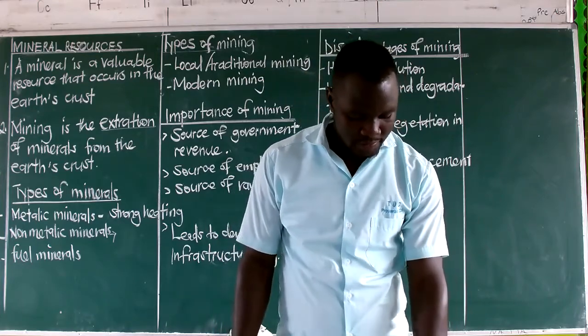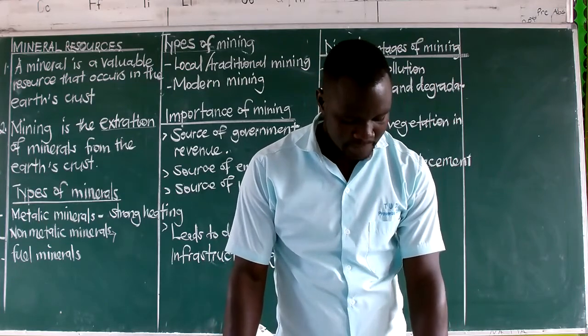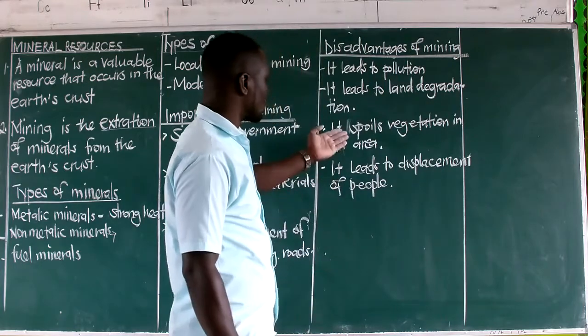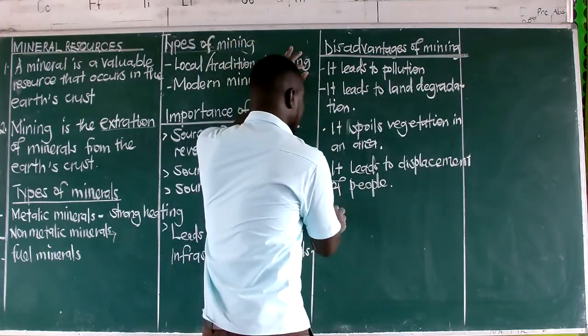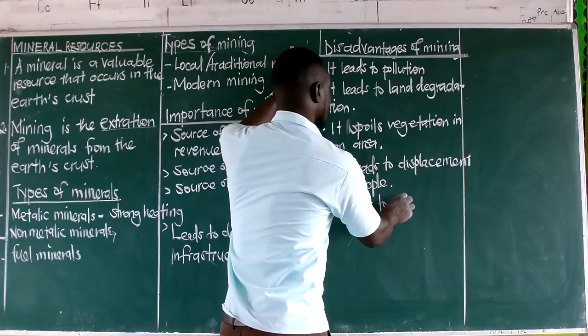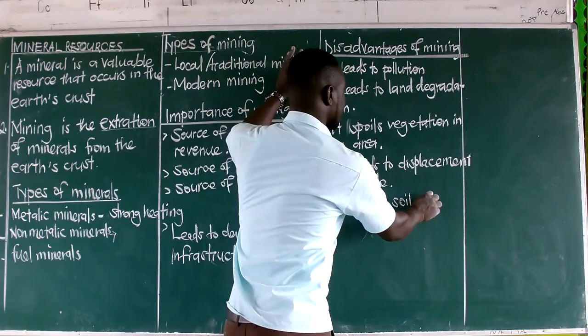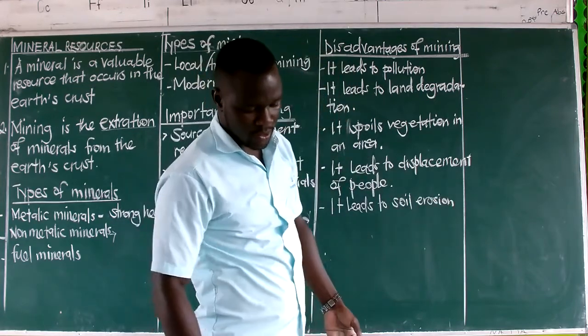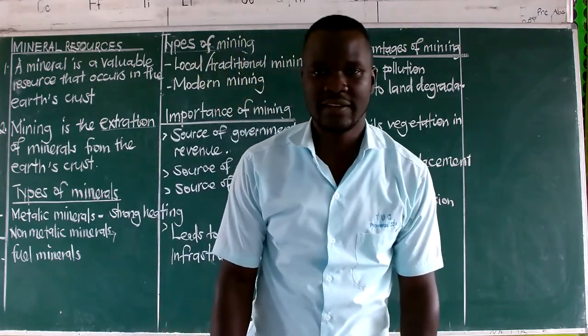And then also, we shall say that mining promotes soil erosion. Like we talked of spoiling vegetation, therefore it can lead to erosion. And then finally in our book, we are saying mining leads to loss of lives.